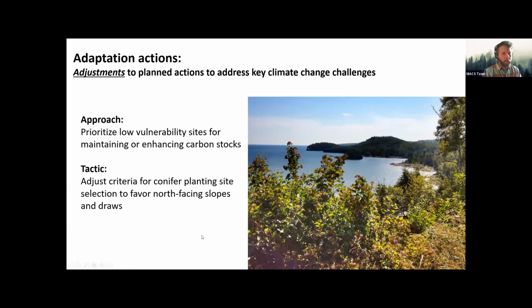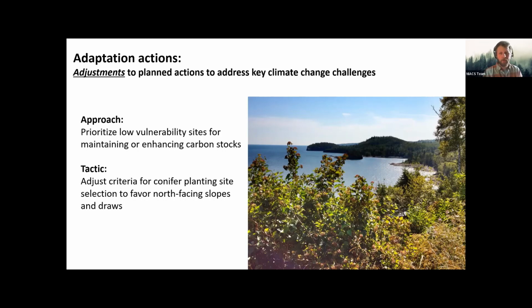They recognized that there were some adjustments that they could make. In particular, they wanted to be planting a lot of conifer species because that was what was historically on the site. That's what the forests in the region have, a strong conifer component. But they recognized that the conifers were not necessarily expected to do well into the future.